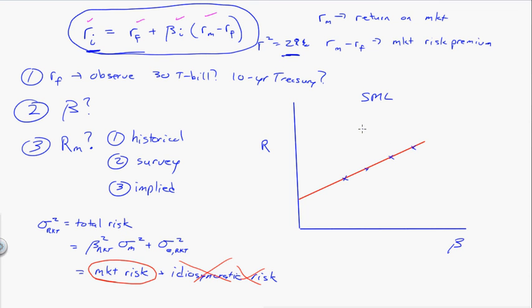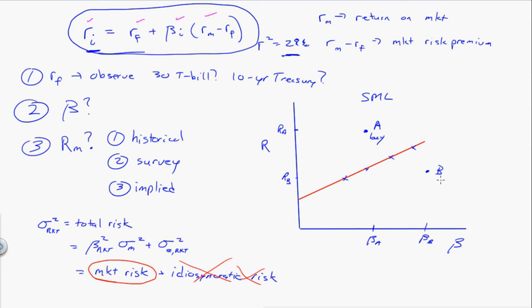If I see a stock that has an expected return, so I do my own security analysis, and I determine the expected return for stock A, which has a beta, that's the beta for A, that's the return for A. Over here, stock B, this is the beta for B, this is the return for B. So if I look at stock A, its return is higher than it should be, I want to buy it.